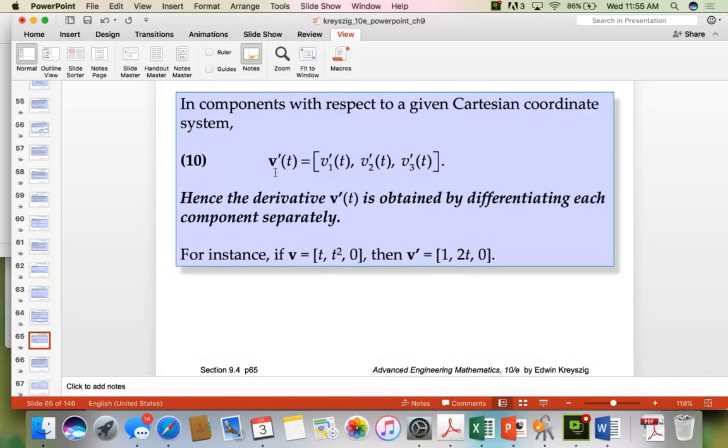And so basically the way you take a vector derivative is you take the derivative of each of its components independently. So for example, if a vector is equal to t, t squared, and 0, so this would be t i hat plus t squared j hat plus 0 k hat, then its derivative would be the derivative of each of the individual component coefficients. So you would have 1, you would have 2t here, you would have 0 here.